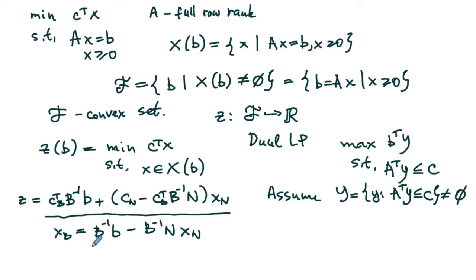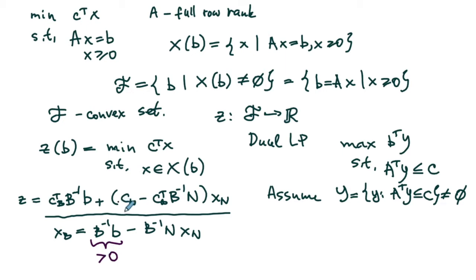So for now, assume that we have a non-degenerate basis, meaning that this is strictly greater than 0. Now, if this is strictly greater than 0, because this right-hand side here is a continuous function of b, a slight variation in b will preserve the sign of this expression here, so it will still be greater than 0.